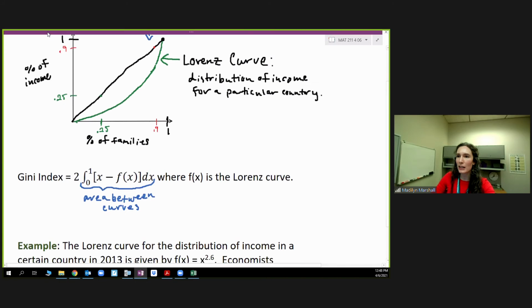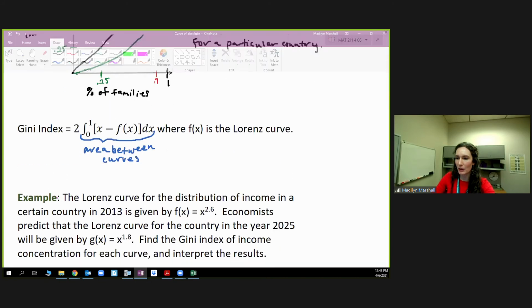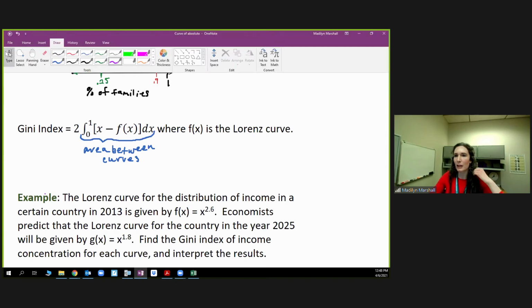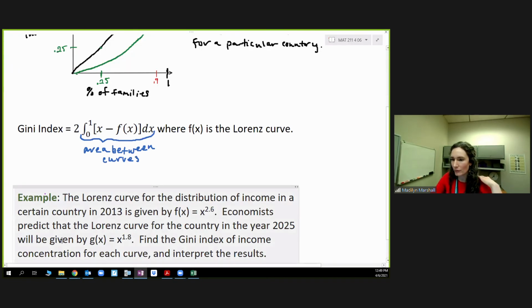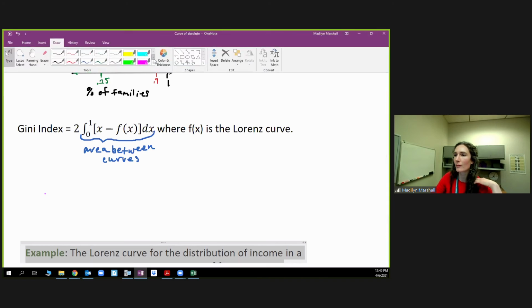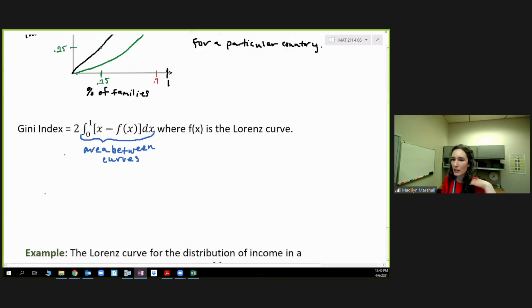So there are a couple of things about the Gini index I want to say before we do an example here. A couple of points. The Gini index is always between 0 and 1.